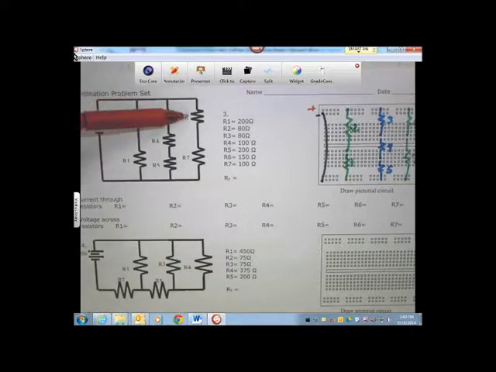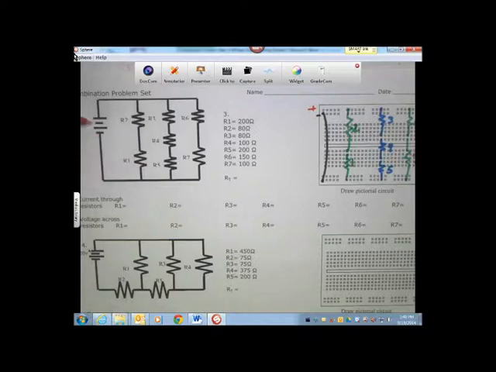So first we want to combine our resistor sets. And so we can add R6 plus R7, R3 plus R4 plus R5, and R2 plus R1. So that we know the joint amount of those resistor sets.